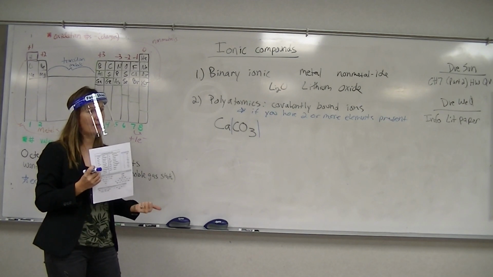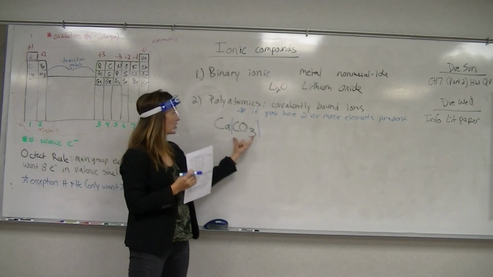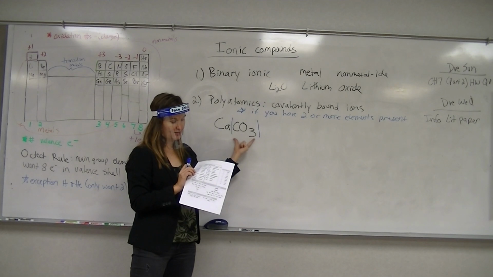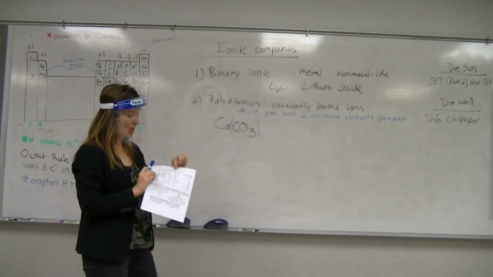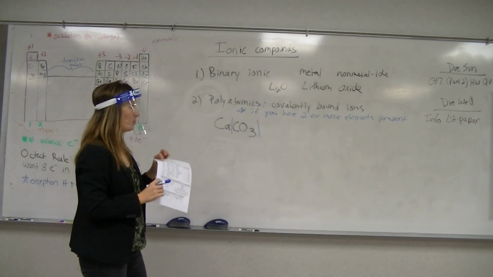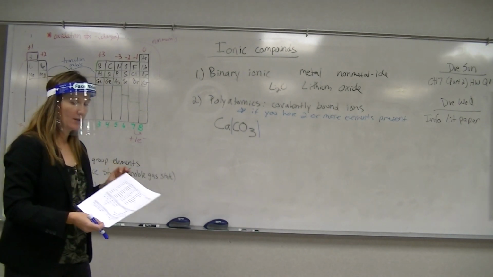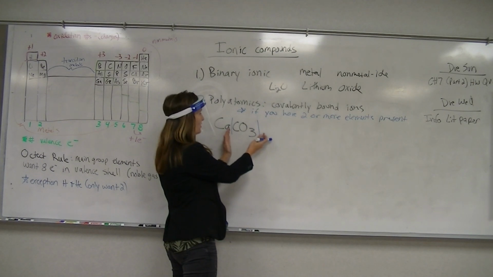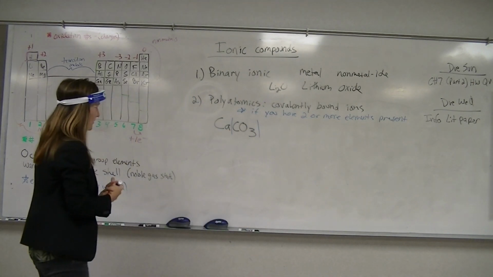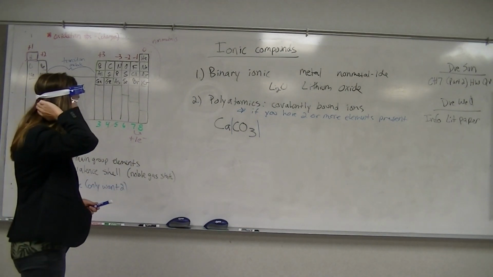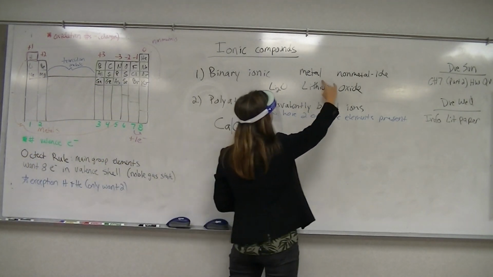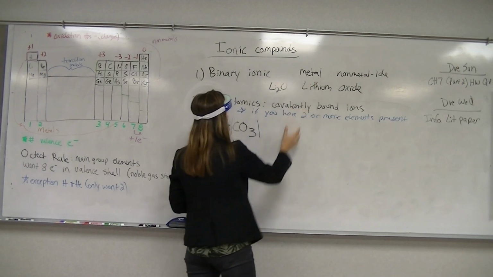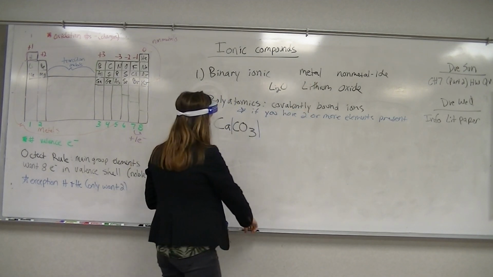So almost all of them are anions, which means they're going to make up the second half of that chemical formula. The only cation, the only positive ion that we have in the polyatomic table is NH4+, the ammonium ion. So if you know there's a polyatomic, almost always it's going to be the second part that is the polyatomic. So to name it, we're naming it very similarly to the binary. We're going to name the metal first. Ca, in this case it's calcium.